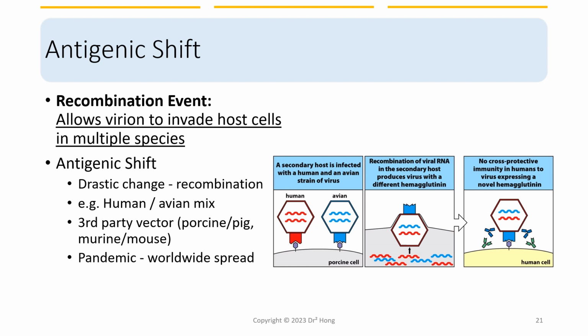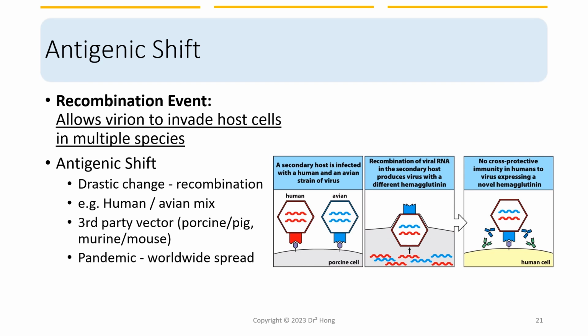On the other hand, an antigenic shift is a genetic recombination event that allows the virion to evade host cells in multiple species. In antigenic shift, the idea here is that a third party, such as a pig, is infected simultaneously with human and avian or bird flu strains.